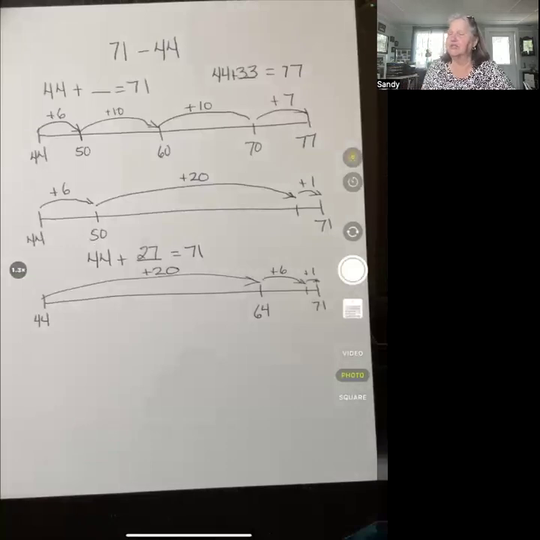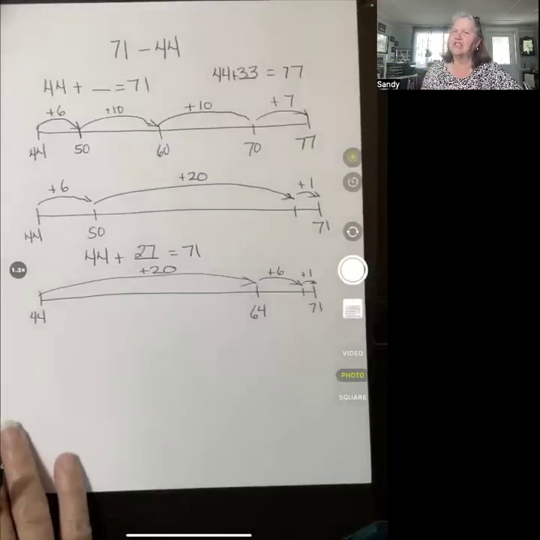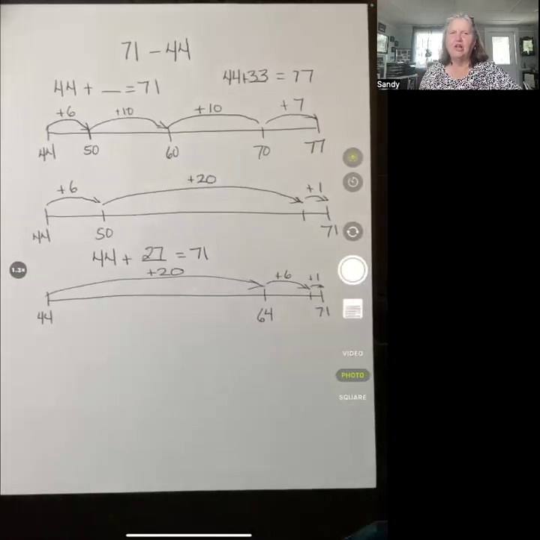What we want to work with your child on doing is moving from jumps of 1. Now, some of you say, oh, my child just knew it was 27, and sometimes they're doing it in their head. But as we're using these strategies, and I hope you saw if you watched the addition strategy one, we're building the foundation for algebraic properties at the same time.